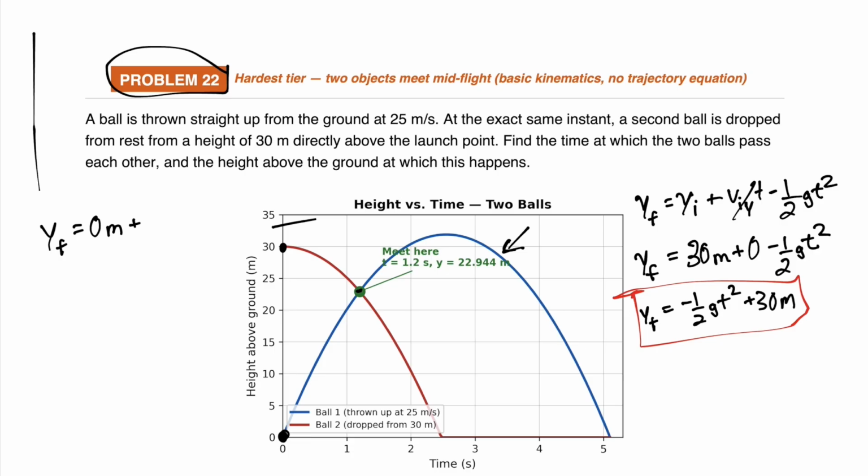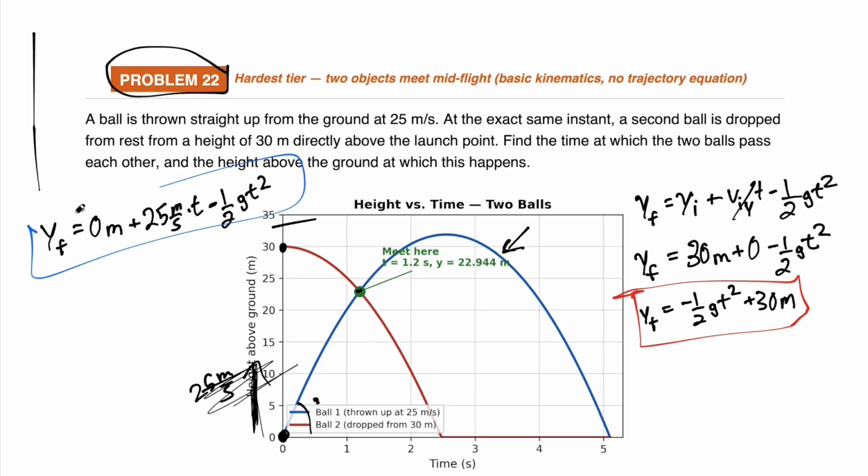A ball is thrown straight up from the ground at 25 meters per second. So the vertical vector itself is 25 meters per second, and it doesn't have a horizontal vector. So 25 meters per second times t minus 1/2 gt squared. And I'll highlight this one in blue so you can see what I'm talking about.